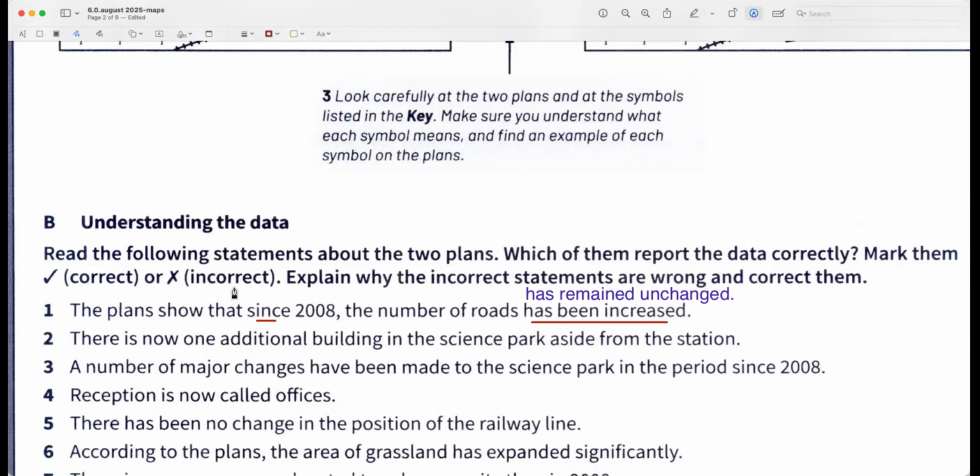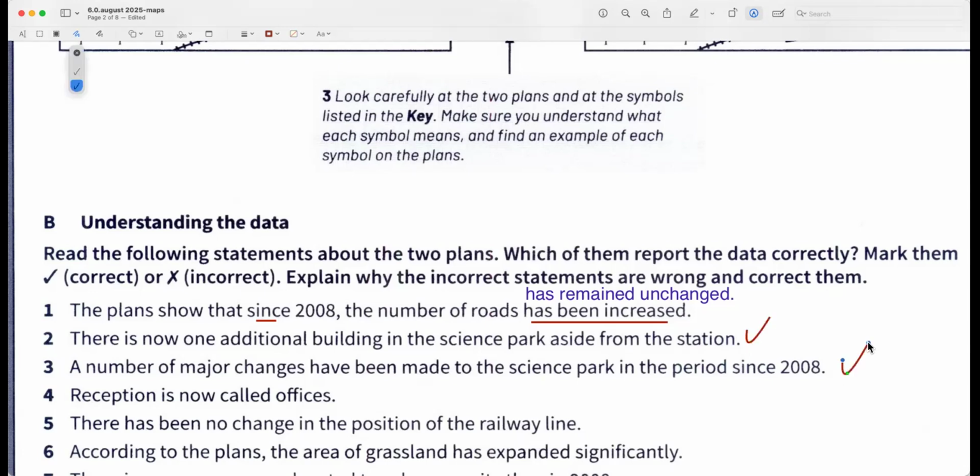It means from 2008 until now, to the present, there have been a lot of changes, not in 2008. So number three is correct. For since, that's why they use present perfect. They want to emphasize from that year until now. So number three is correct.